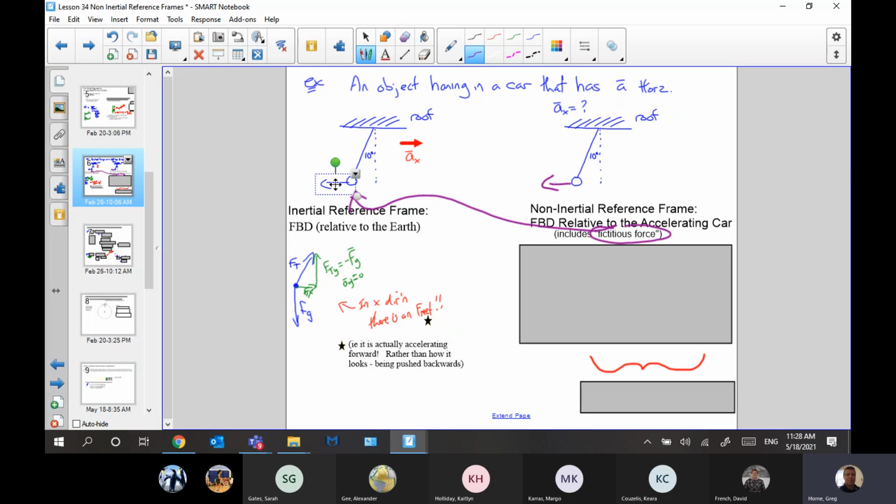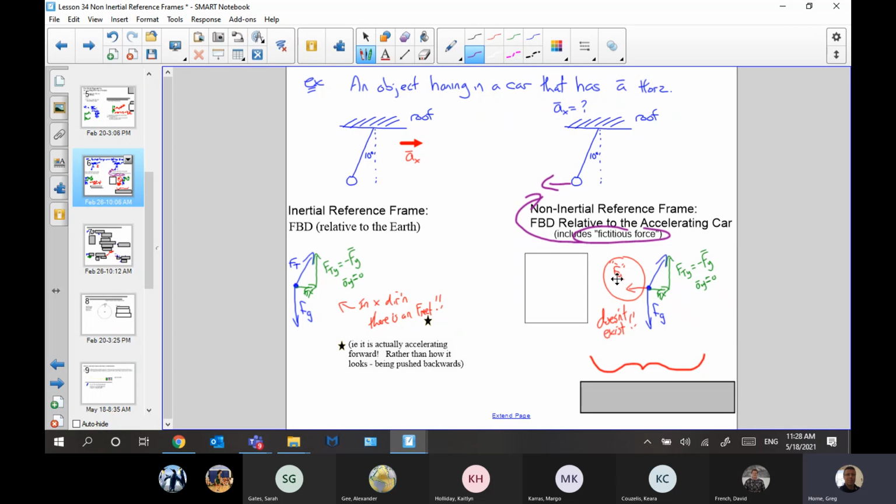I almost think maybe I better make a new one of these over here, because I don't want to have a force listed on there for the other one. There we go. So this is the idea. Our free body diagram is going to look like that. We're going to have this fictitious force that doesn't exist, backwards on it, right?